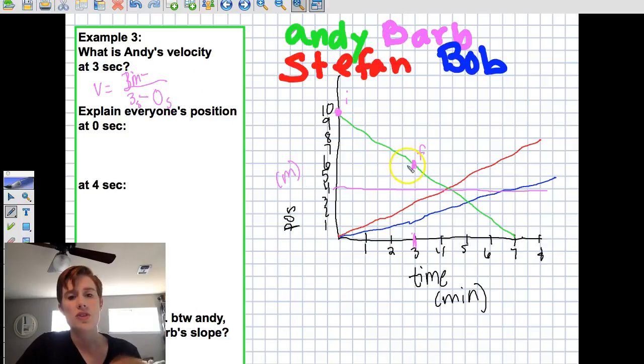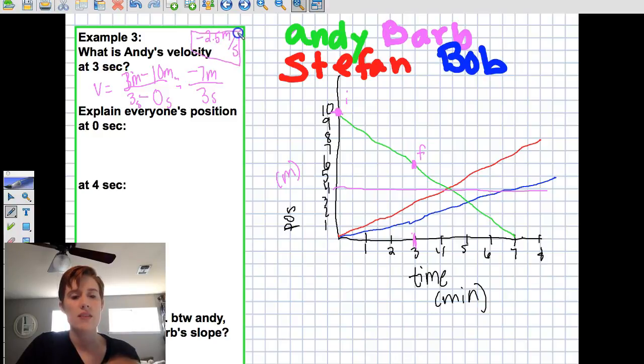Minus his initial distance. What was his initial position? It's not 0, it's 10. This will be interesting. So 3 minus 10 is -7. 3 minus 0 is 3. So his velocity here is -2.5 meters per second.